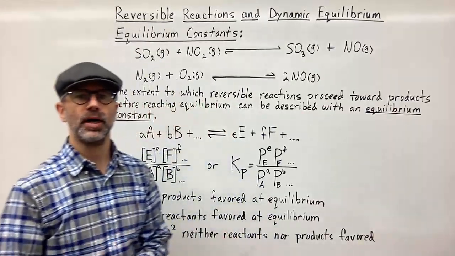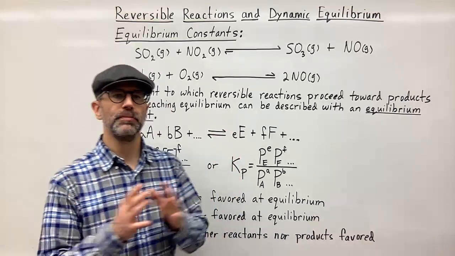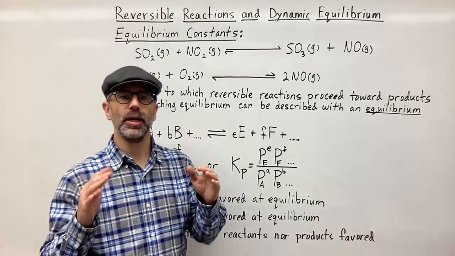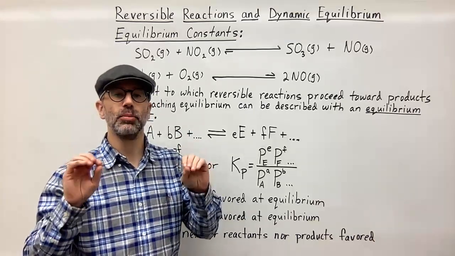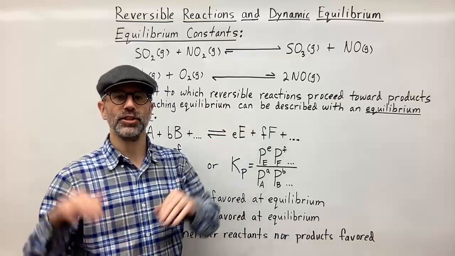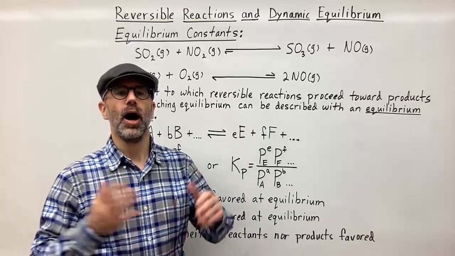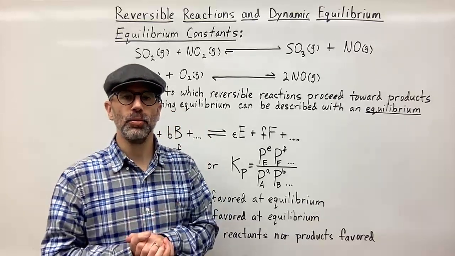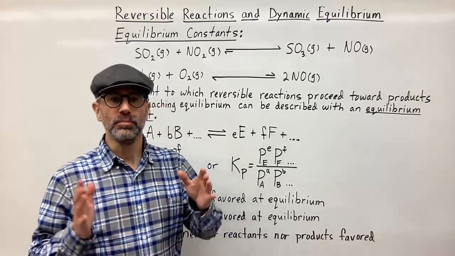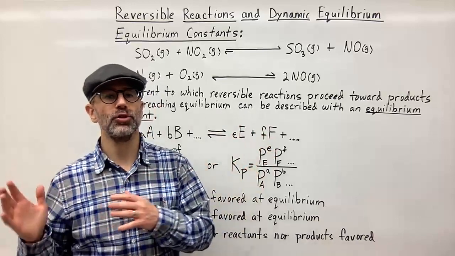Okay, let's talk about equilibrium constants. So we've talked about dynamic equilibrium, where the rate of the reverse reaction is equal to the rate of the forward reaction. But those equilibriums can be favored towards the products or favored towards the reactants.